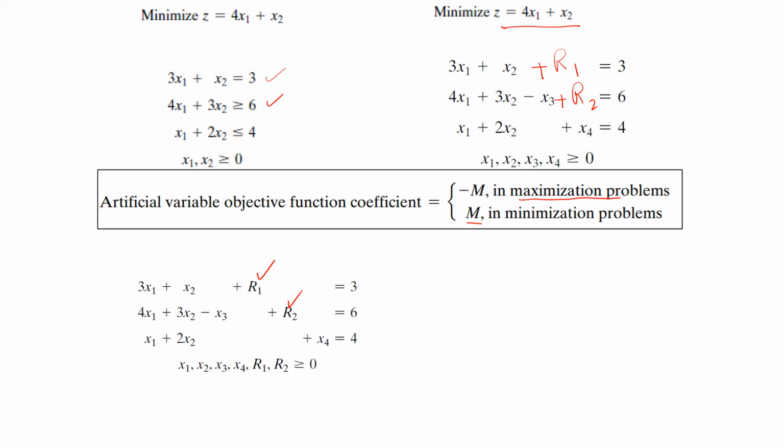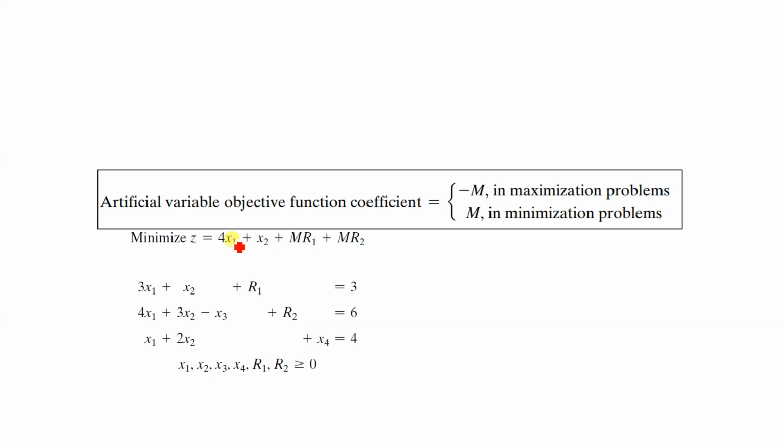Since this is a minimization problem, our modified objective function is 4x1 plus x2, that is the original part of the objective function, and this is the penalized part of the objective function, M times r1 plus M times r2.